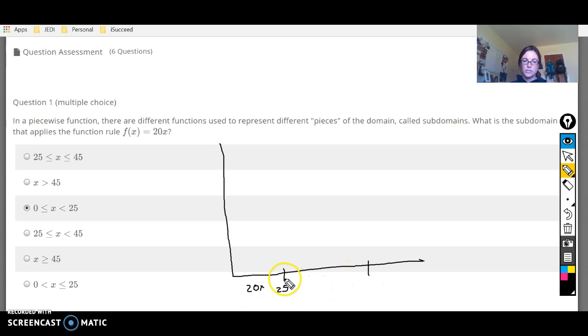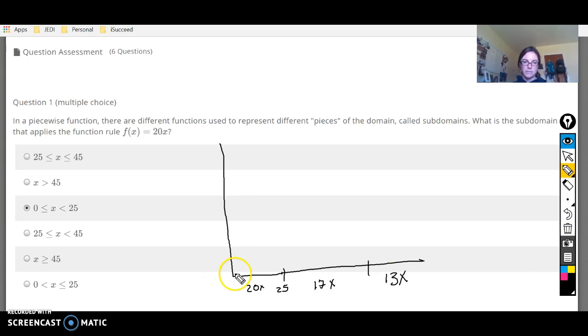Anything from 25 to 45, or essentially 44, is going to be 17x, and anything above or including 45 will be 13x.